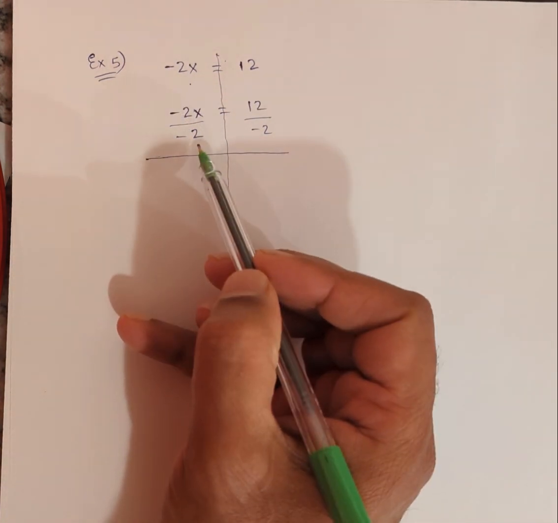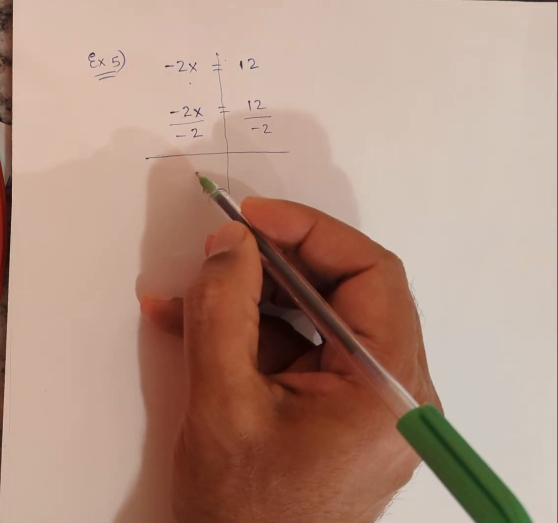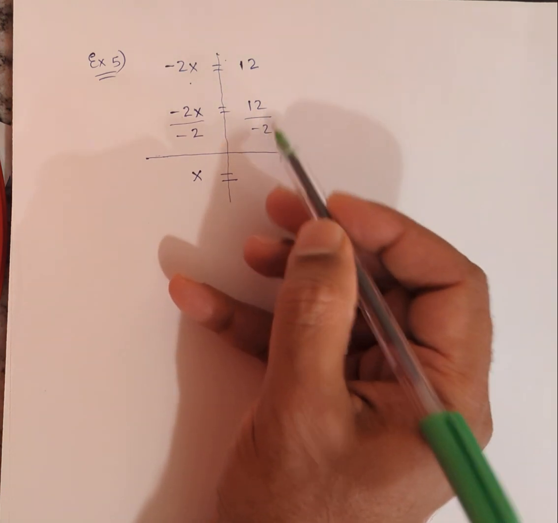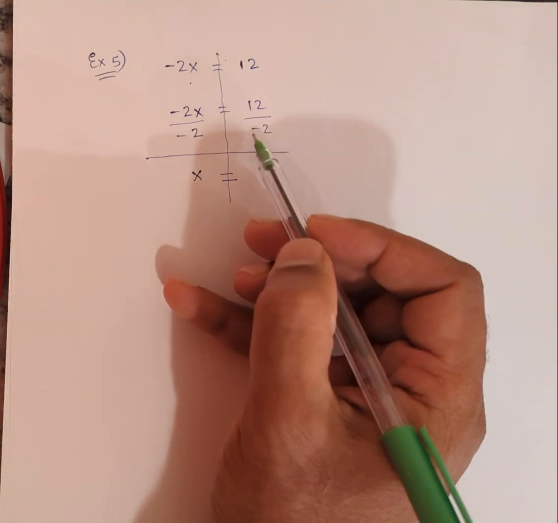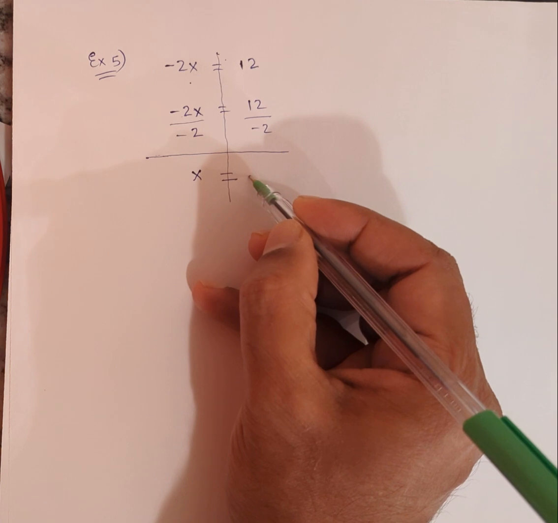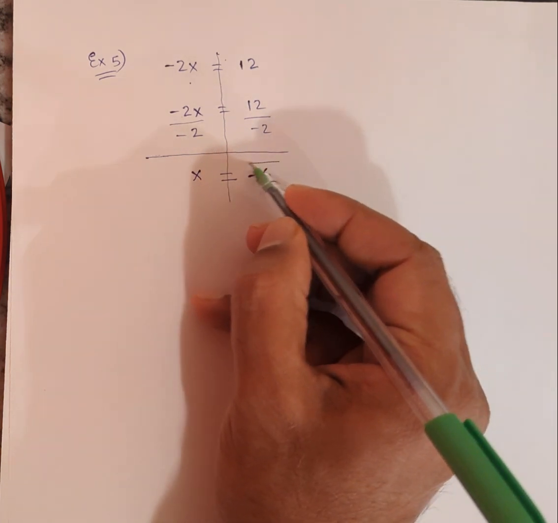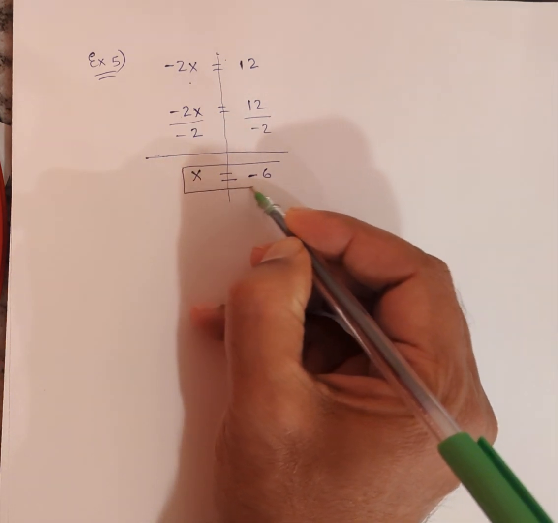Notice negative 2 over negative 2, they cancel each other out. Now you have x by itself. And 12 divided by negative 2. Positive divided by negative is going to be negative. And 12 divided by 2 is 6. So x is equal to negative 6.